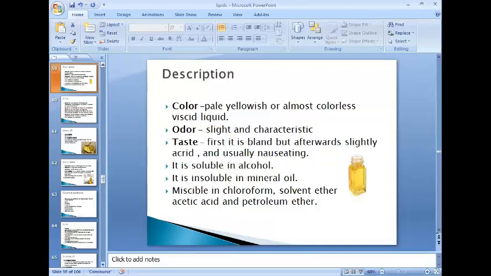The oil is soluble in alcohol and insoluble in mineral oil, whereas it's miscible with chloroform, ether, acetic acid, and petroleum ether.